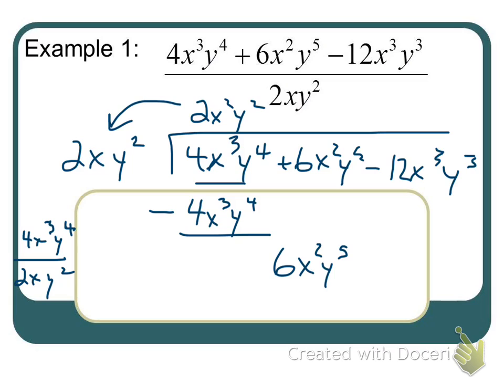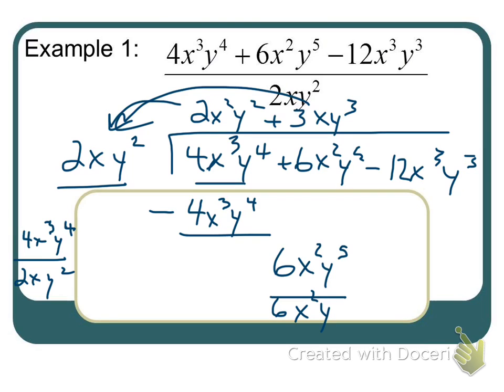All right, now I'm going to kind of rush through this process because 2xy squared now divides into this, plus 3x y cubed, right? And if you multiply that, you get 6x squared y to the 5th.